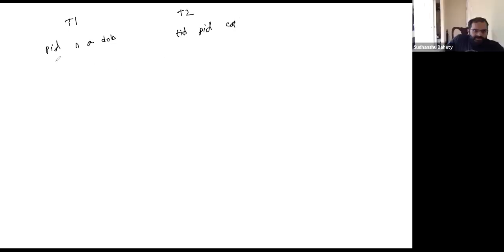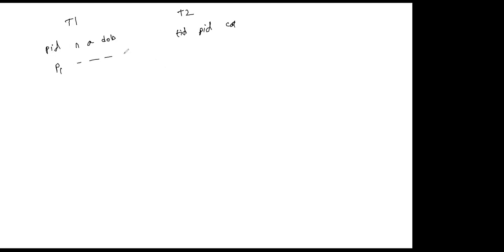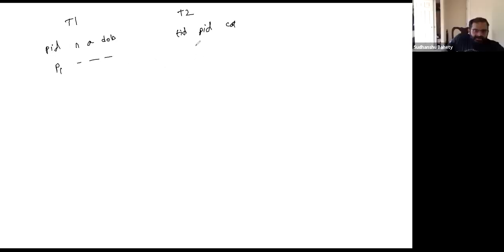Let's say only category. So over here in PID, you have P1, which is the primary key. For P1 you have name, age, and date of birth. And in title ID, for P1 you can have title T1 and category C1. Then for P1 again, title T2 and category C1 or C2. Again for P1, T3 and category C1.